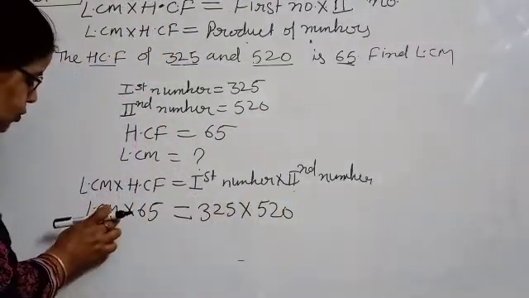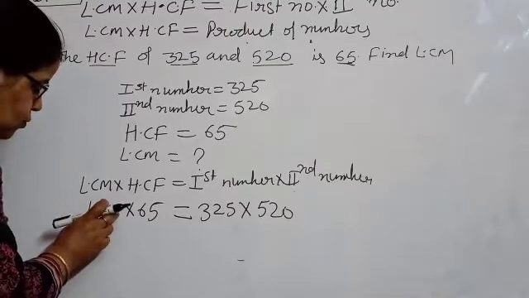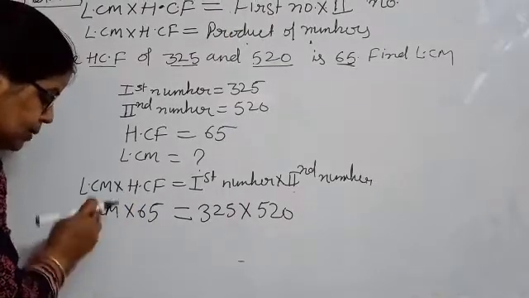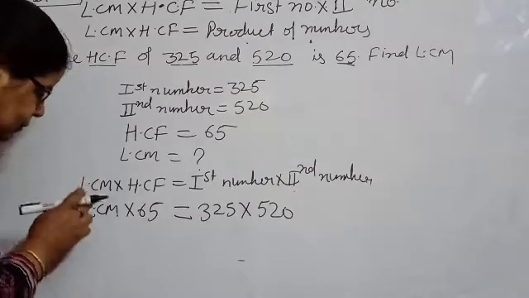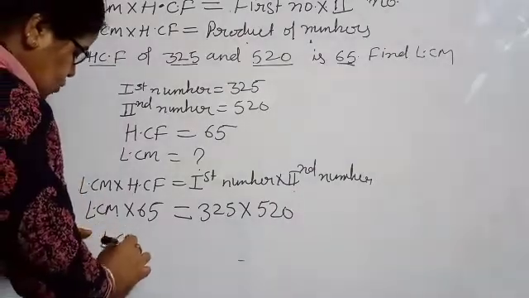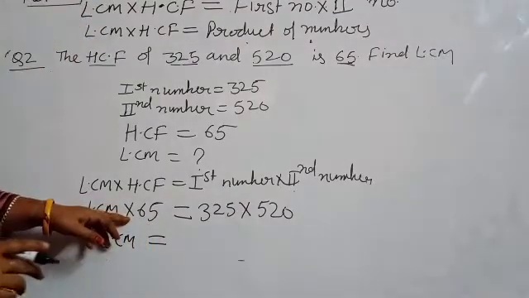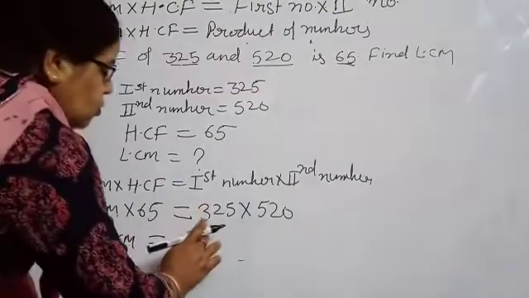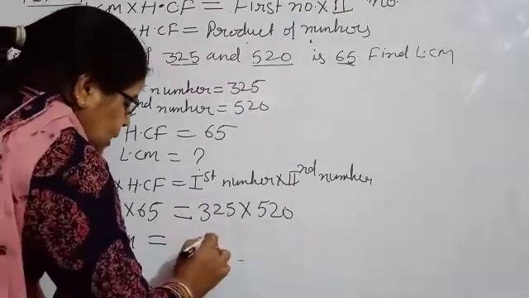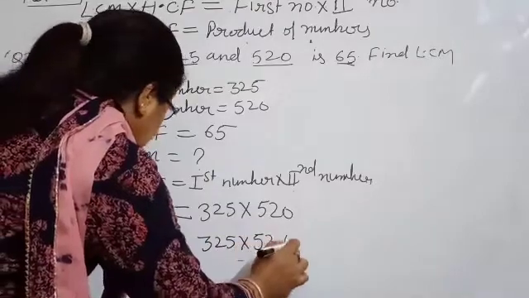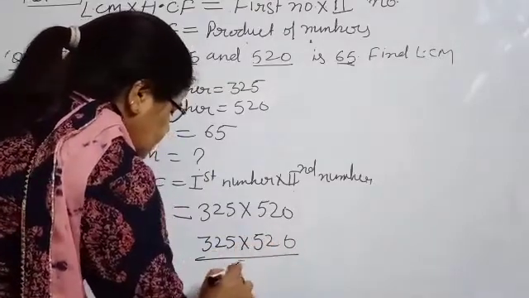What I told you: an unknown value multiplied by any number, whatever we have to calculate will remain here. So LCM is equal to the multiplication of whatever is there, going on the right hand side denominator: 325 into 520 upon 65.